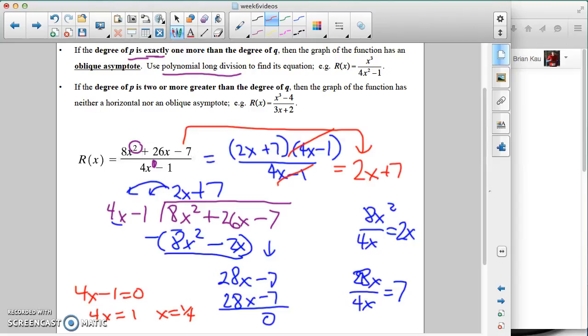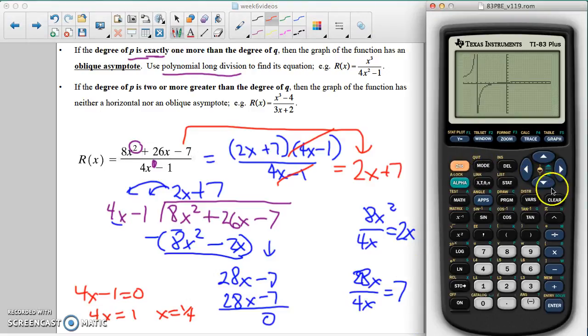So if I look at the graph of this function, let's clear off this one here. See if this is a function we had before in a previous one. If we were to graph this one, 8x squared plus 26x minus 7 divided by 4x minus 1.